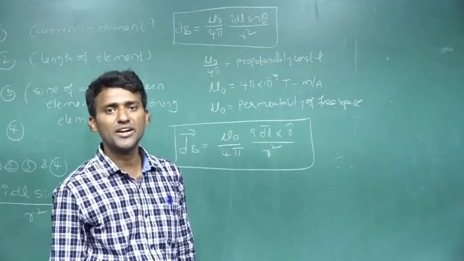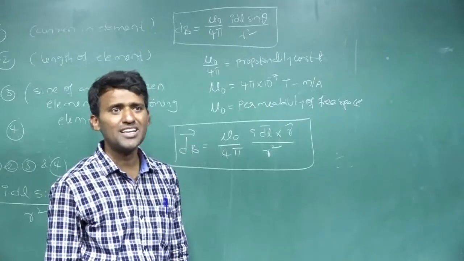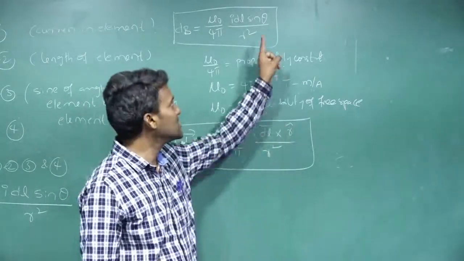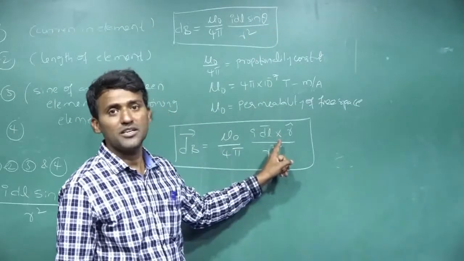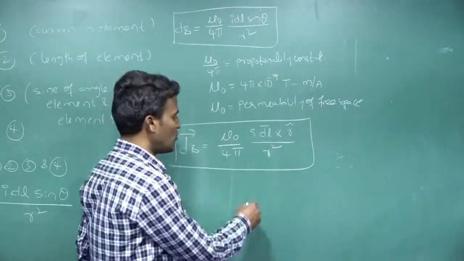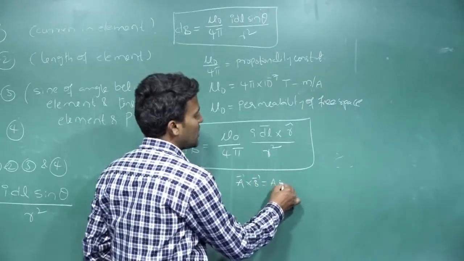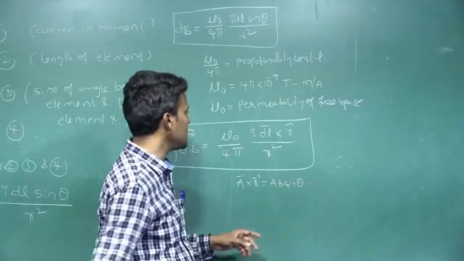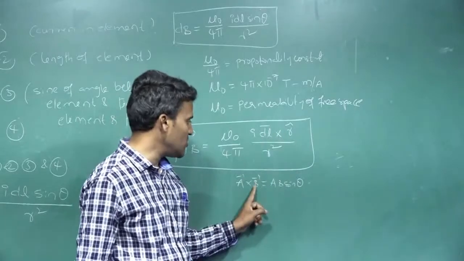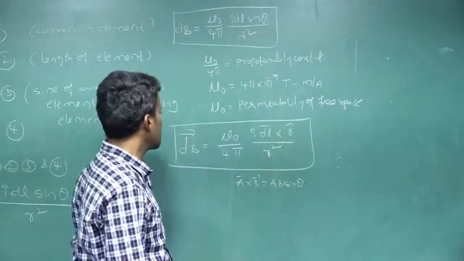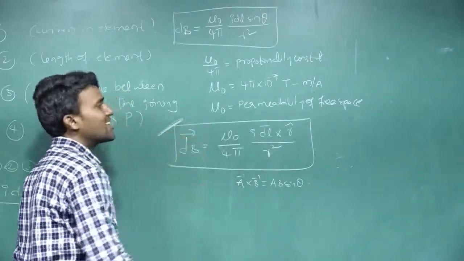That is a cross product. When you remove the cross, sine comes again, since a cross b is equal to ab sin theta. So this is the magnetic field, the Biot-Savart law equation.